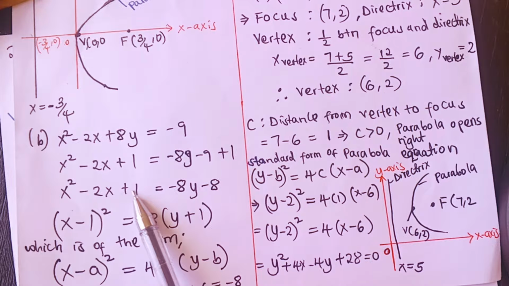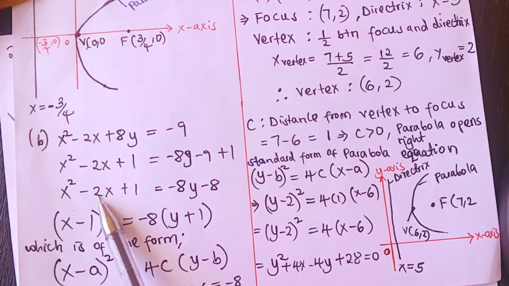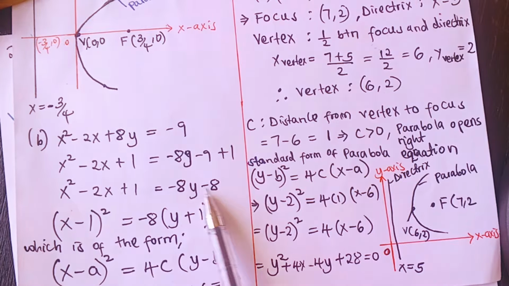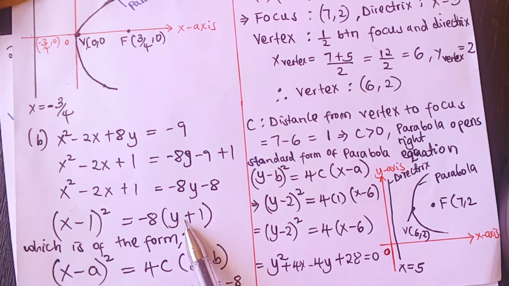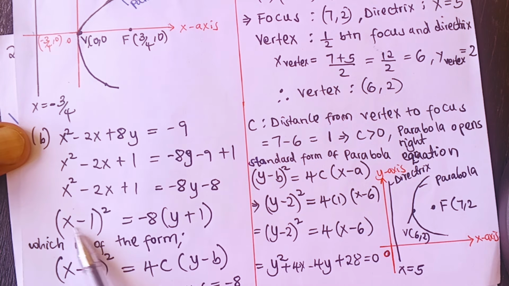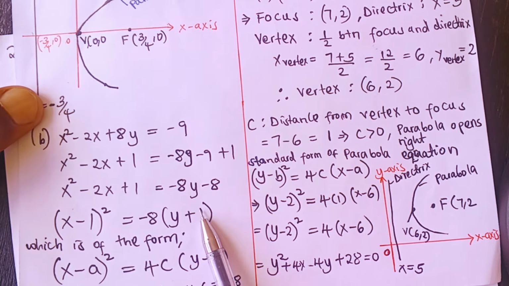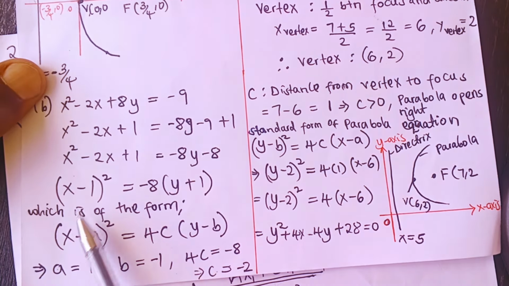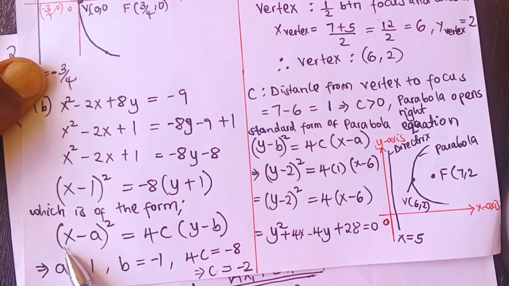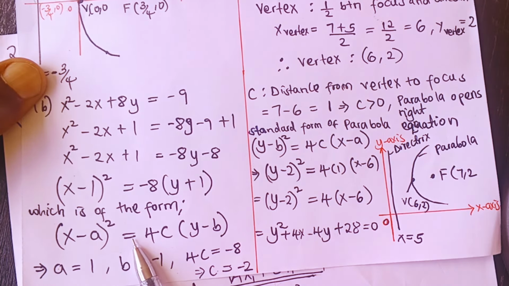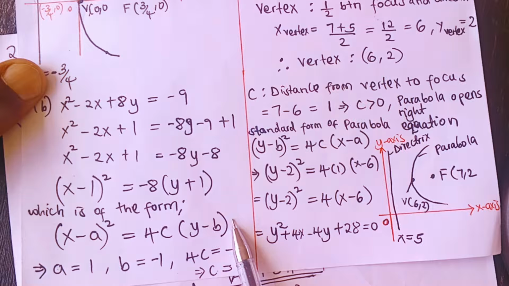So we factorize here. It will be x, then half of 2 is negative 1, in brackets raised to 2, which is equal to, taking the common factor, negative 8 outside, y plus 1. This is a parabola in standard form. In standard form, the parabola looks like (x minus a) squared is equal to 4c times (y minus b).